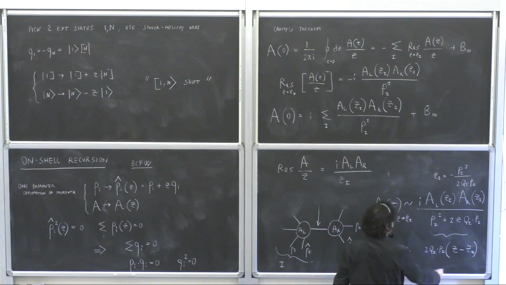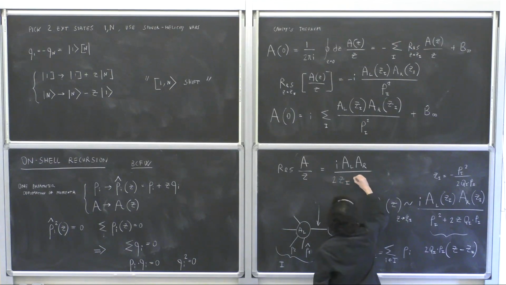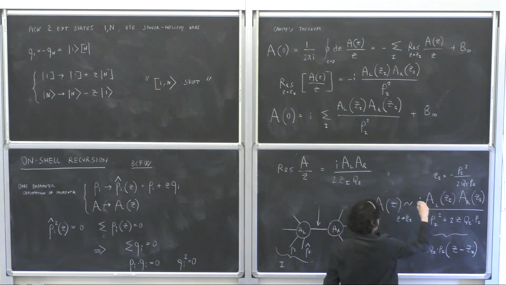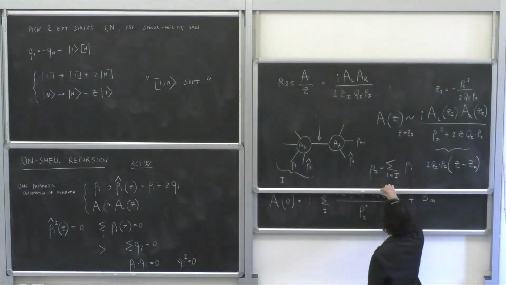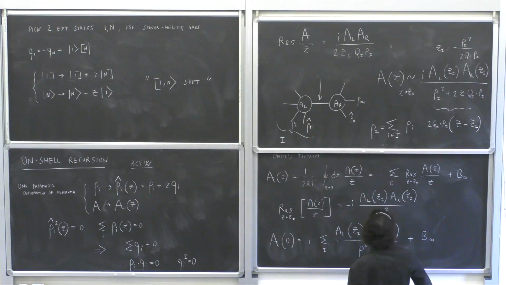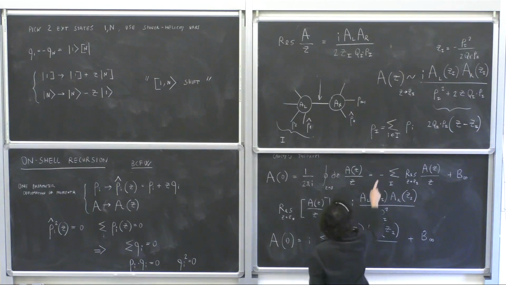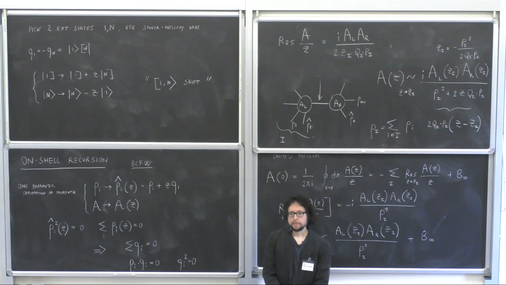Okay, and we have the overall factor which we have collected, which is this 2 q_i dot p_i. But this factor, I mean, using the definition of z_i, which we have here, indeed, you just get a minus sign, p_i squared. The p_i squared is precisely what is left and what enters the final formula. And the minus sign, of course, cancels the minus sign in here in the residue formula. Okay. Other questions about this?